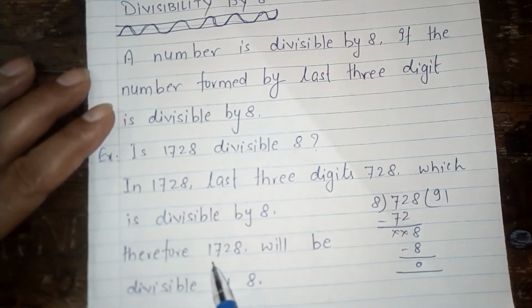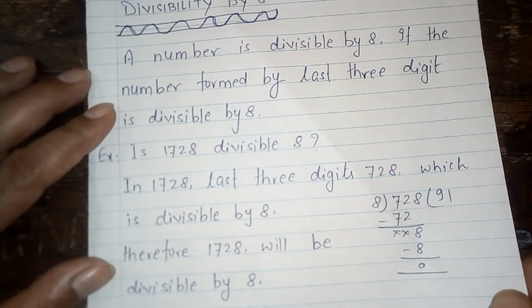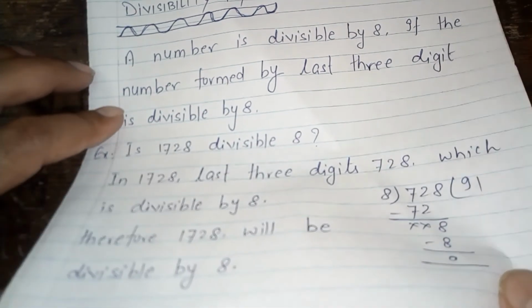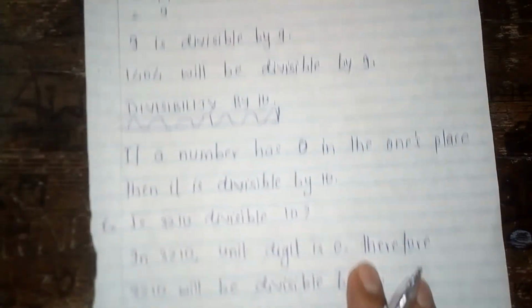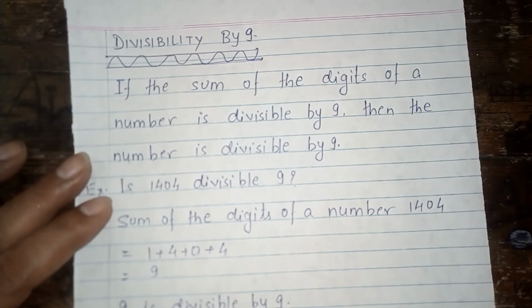Therefore 1728 will be divisible by 8. This is the rule for divisibility by 8.